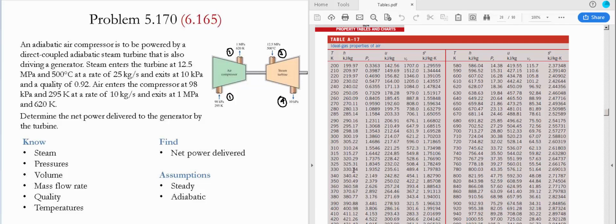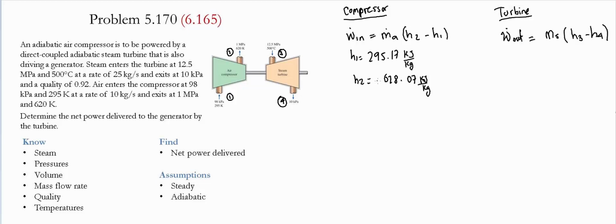In table A17, we go to the initial temperature, which is 295, and we find that the value of the enthalpy is 295.17 kilojoules per kilogram. The final temperature is 620, and for that, the enthalpy value is 628.07 kilojoules per kilogram. Now that we have the values of enthalpy for air, we substitute to find the power that is delivered from the turbine into the compressor.